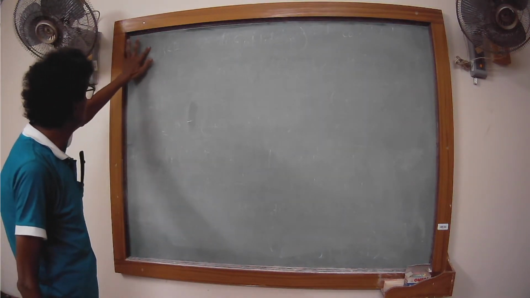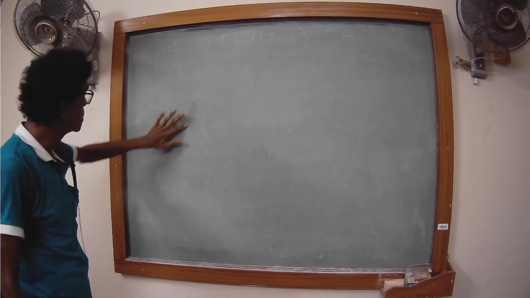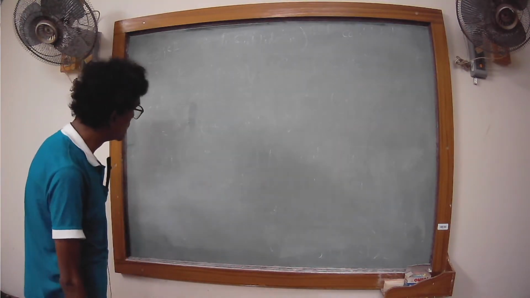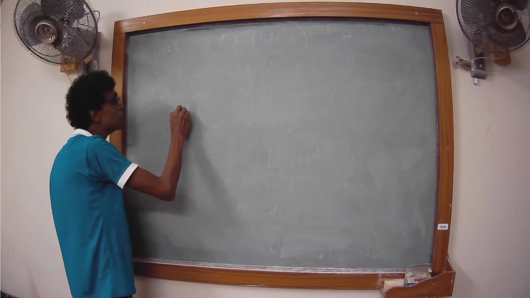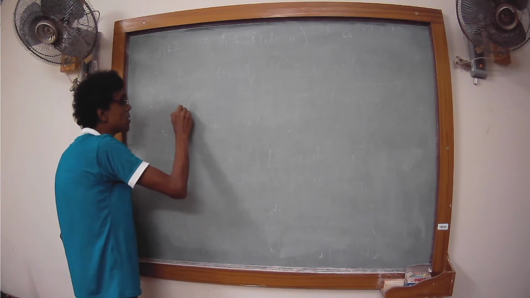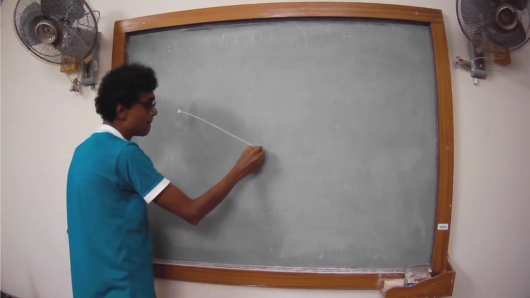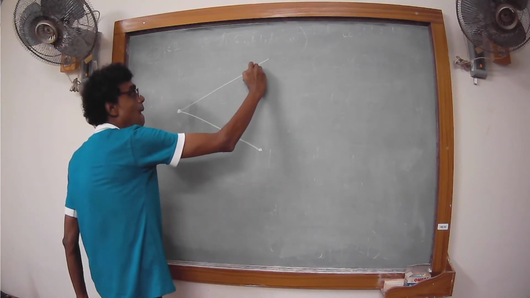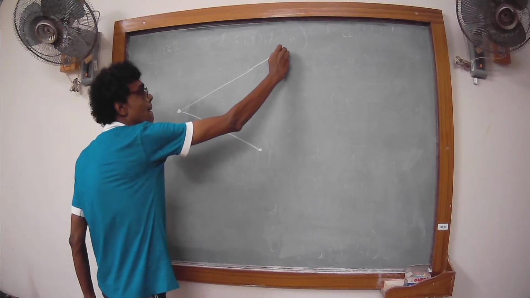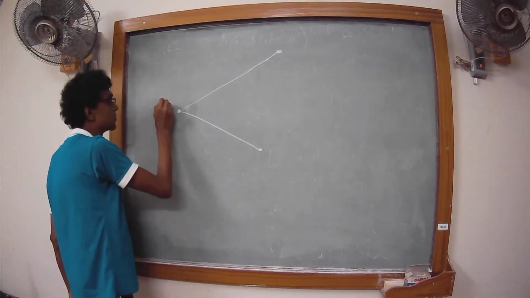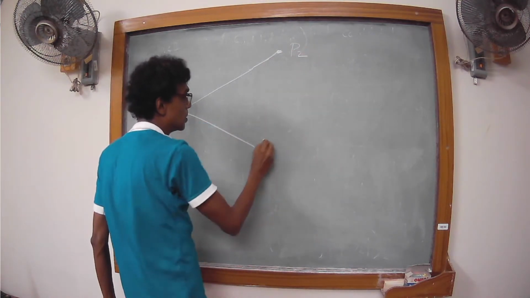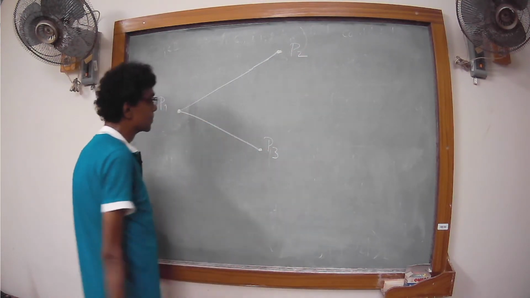We will be doing something soon which requires us to compute angles between two lines. So let's say we have 3 points, maybe let us call them P1, P2, P3.